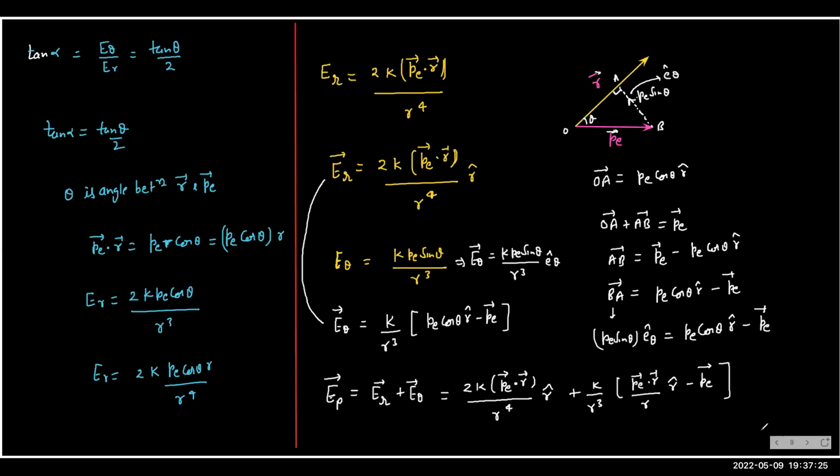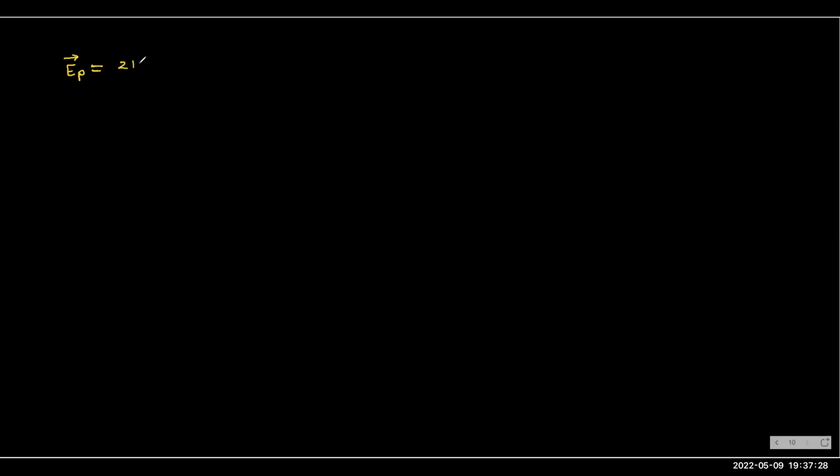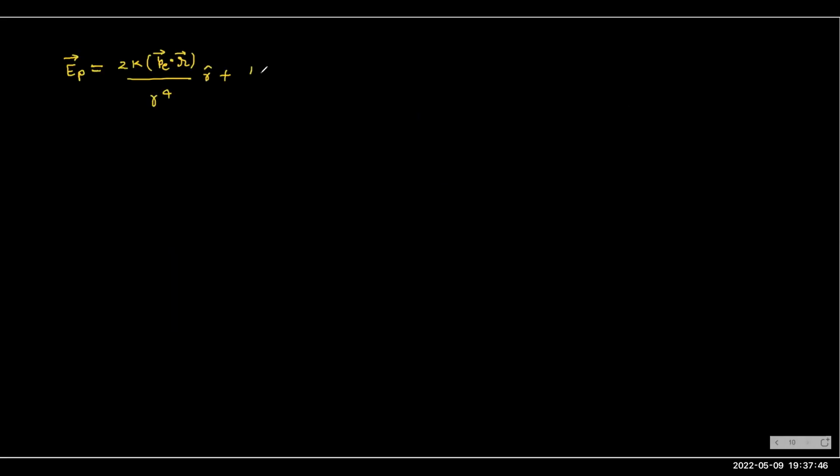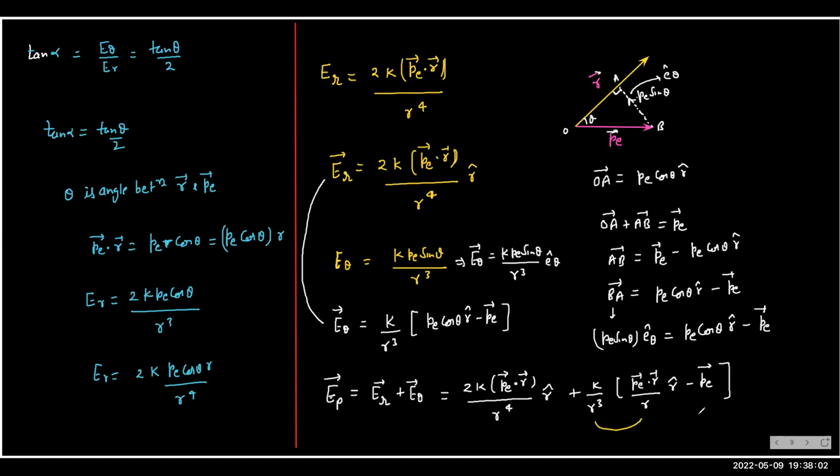So EP we can write as 2k p dot r upon r power 4 into r cap, plus k by r cube p. Now this will become the same, r power 4 and then p dot r into r cap, right? We can multiply these two terms and it looks the same.